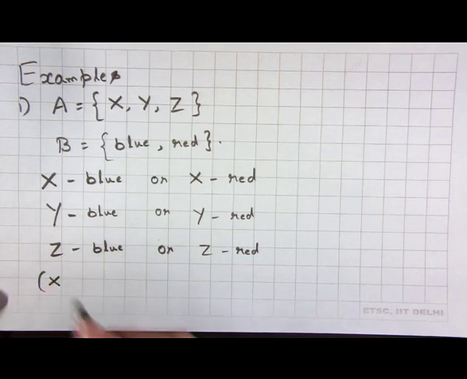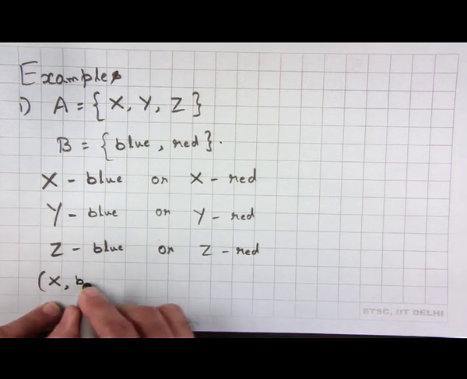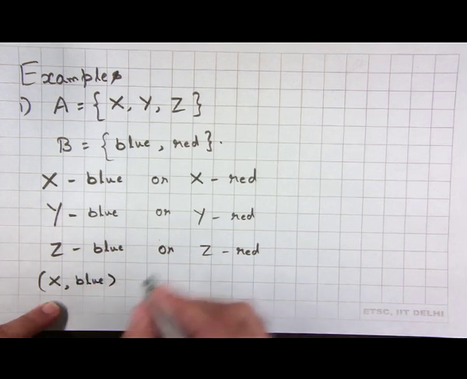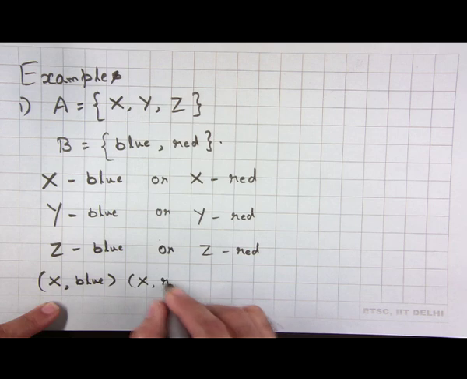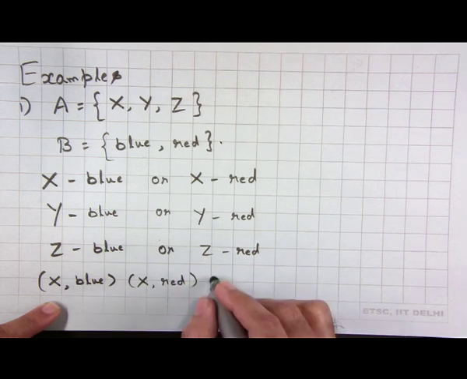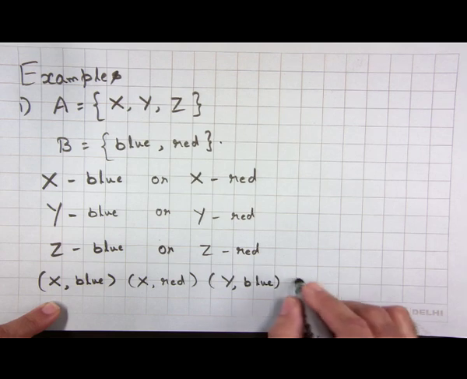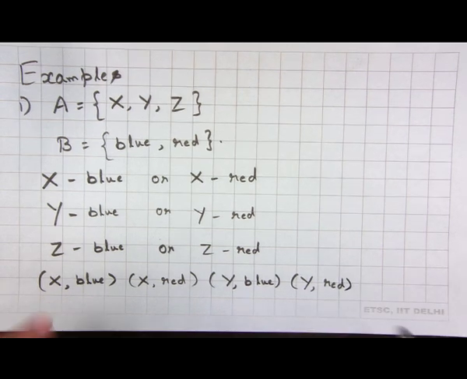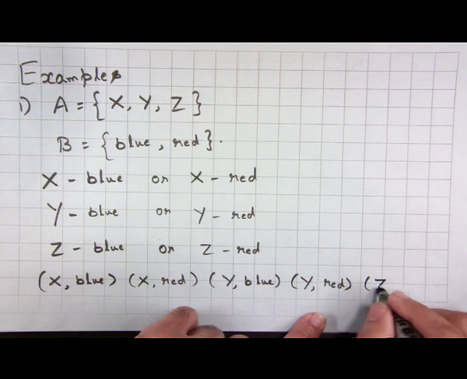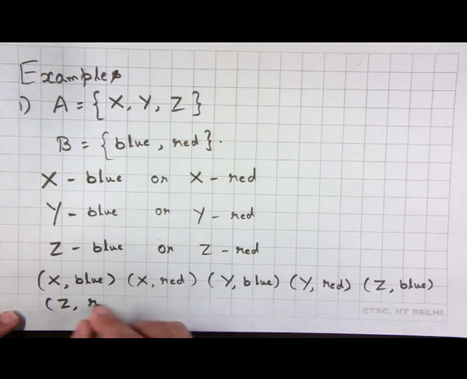First one says you have chosen the bag x and you are trying to put the blue ball inside it. The second one says you have the bag x and the red ball. Third one, the bag y with the blue colored ball. Fourth one, bag y with a red colored ball. Fifth one, the bag z with a blue colored ball, and finally bag z with a red colored ball.